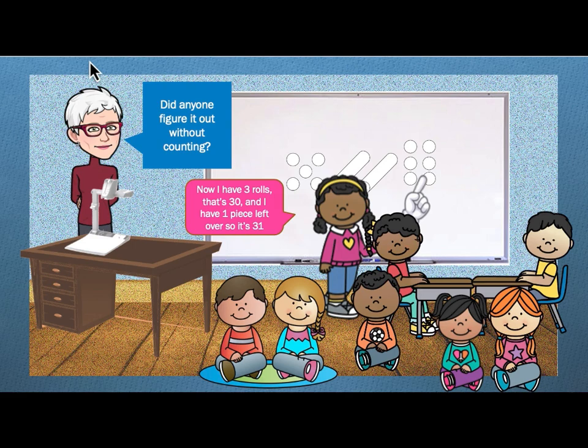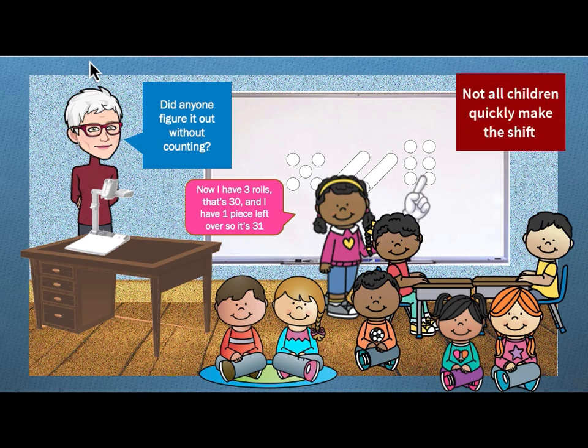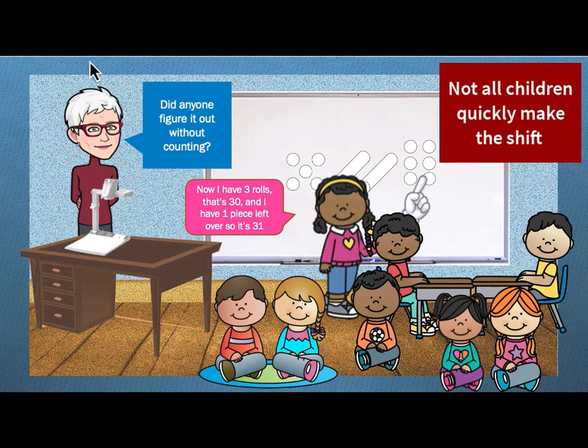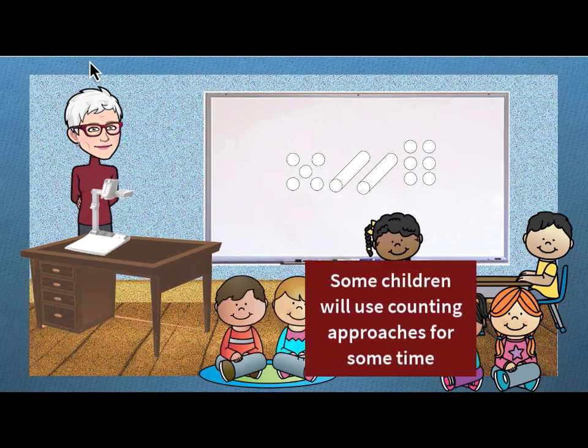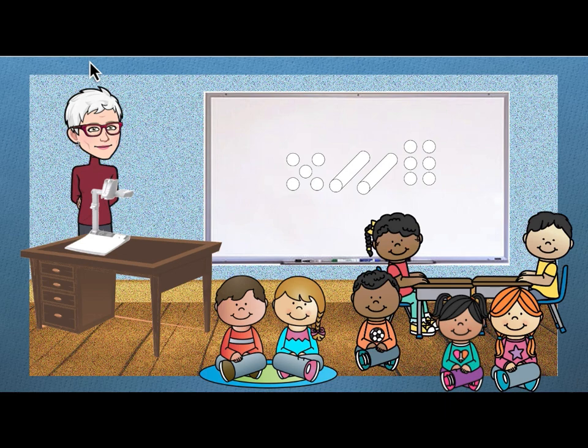And here we see Danielle making a roll entirely mentally. Now, I want to emphasize that not all children make this shift to making rolls mentally quickly. Some children will continue to use counting approaches for some time to figure out how many candies there are. But through discussions in which children give solutions like Danielle did, others begin to be able to do so as well.